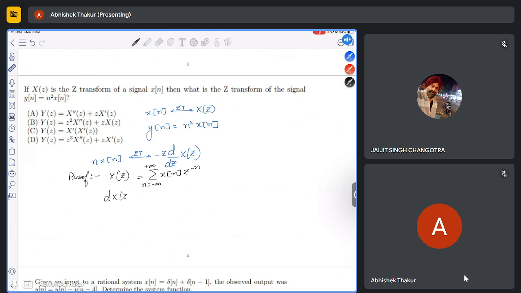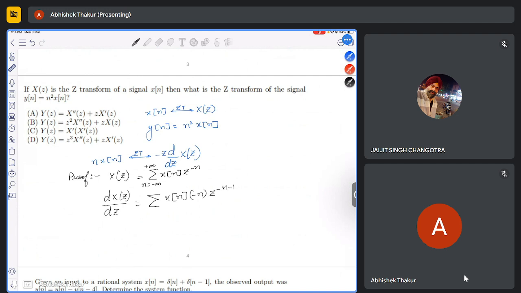So let's do that and see what we are getting. dX(z)/dz. When we differentiate it, x[n] is not the term which depends on z, so we can exclude that. And this becomes minus n into z to the power of minus n minus 1.